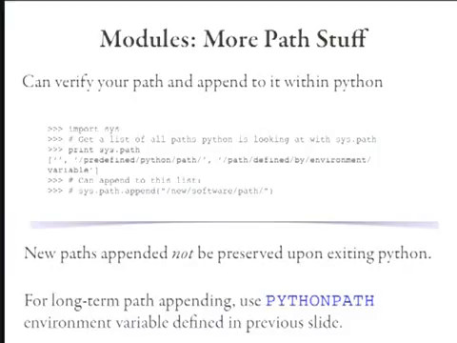So you actually tell Python while you're running, oh, and by the way, I have another code base which I want you to look at. You may not want to hard code your Python path to add all of the different things that you're going to be building and running. You may want to do that within a separate code, so you can see over here.